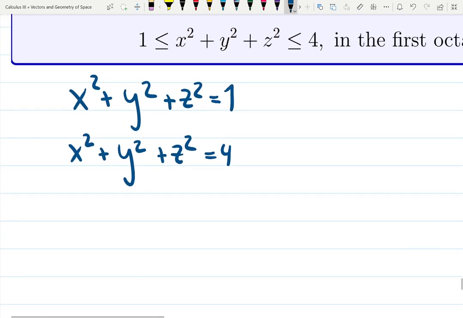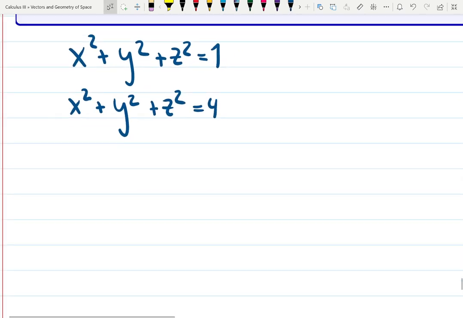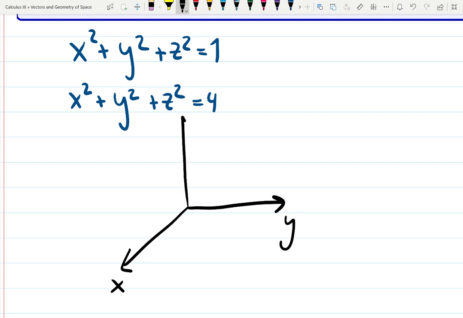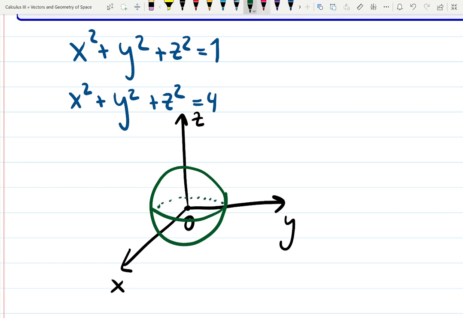Inequalities are not taken into account yet. So x is the front, y is to the right, z is up. Center is 0, 0, 0. Lucky, we don't have to move anywhere. I have a sphere with radius 1. Remember, draw a circle first, then make a depth out of it. That's sphere number 1 with radius 1.